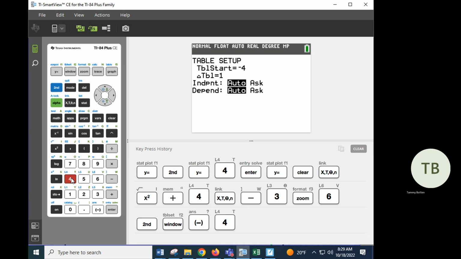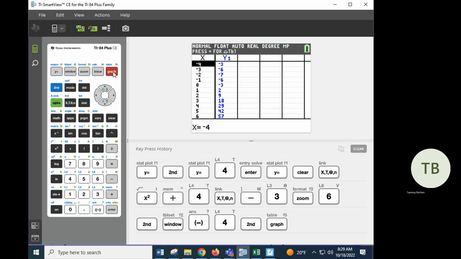We want it to count by ones. And as long as I don't ever change these, okay? Then I have that set. Now I want to go and look at the table. How I do that is I hit second graph, and that gives me a table.